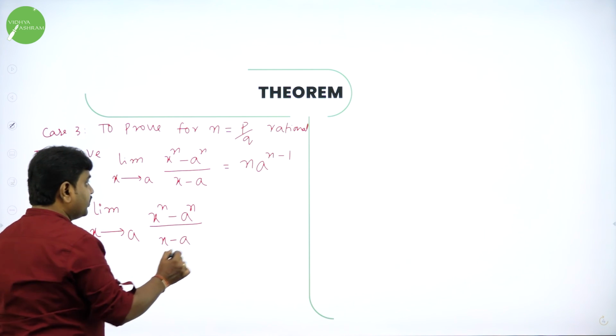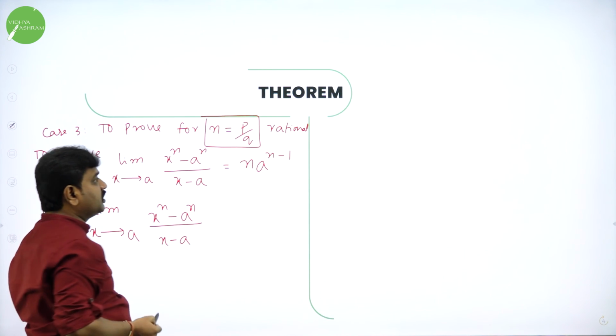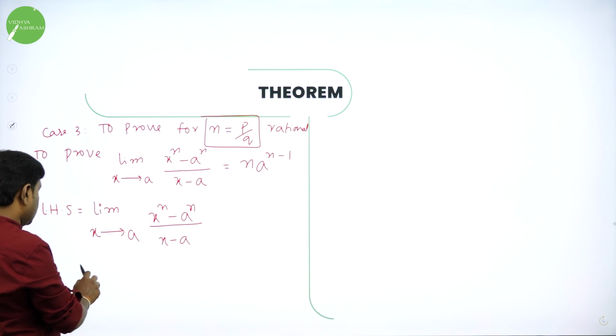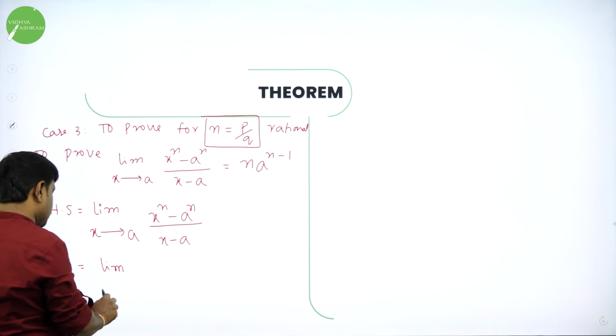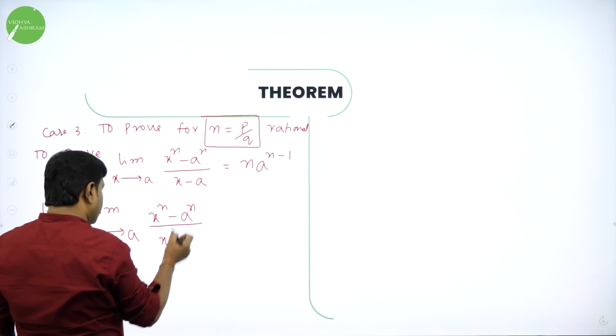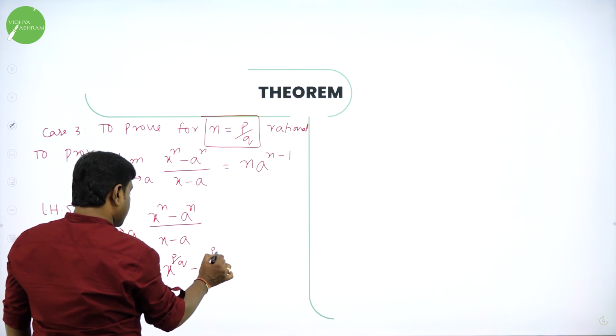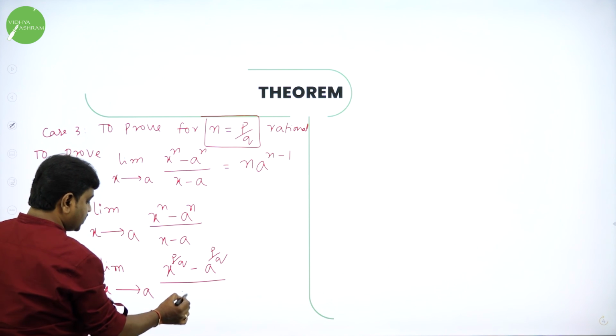In the place of n we are taking p by q. If you do that, you will get limit x tends to a, x power p by q minus a power p by q divided by x minus a.